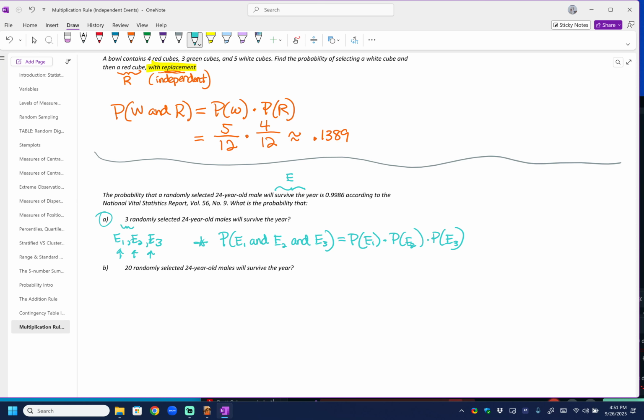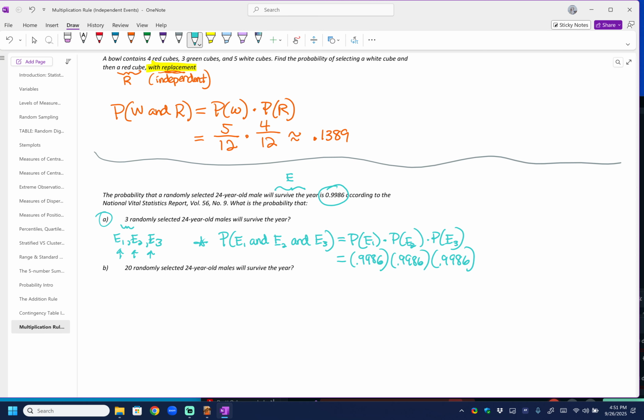So what does that mean for us? Well, they told you that the probability of any one male surviving is 0.9986, which means this probability is going to be 0.9986. And this probability is going to be the same. So is this probability. So we could absolutely put these numbers into the calculator. There's no problem with doing so.